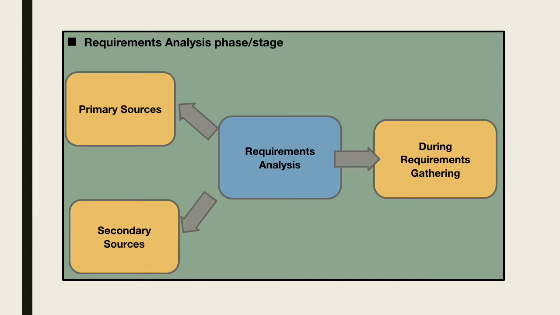There are the primary sources, and we did discuss this in the previous high-level video. There are the secondary sources, and then we're also going to add during requirements gathering, because definitely in that stage or phase, there's some analysis that is needed even when the requirements are being provided by the subject matter experts.